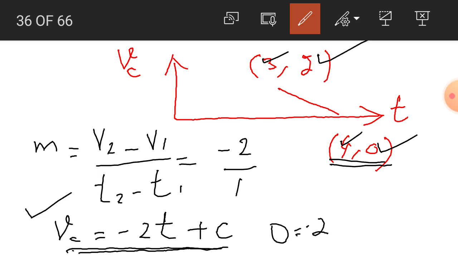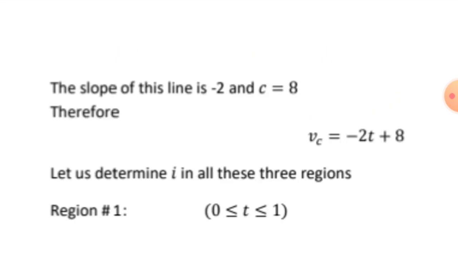So we have 0 equals minus 2 into 4 plus c. So c will be equal to 8. So over here c comes out to be 8. So the equation of this line will be minus 2t plus 8.